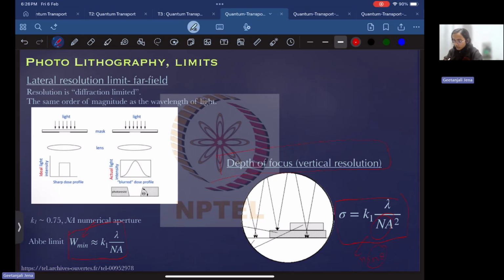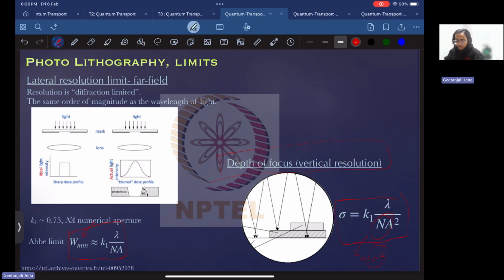So this is about the resolution of photolithography using either sub-contact mode, contact mode, or projection mode. The object size we get in photolithography is on the order of micrometers.